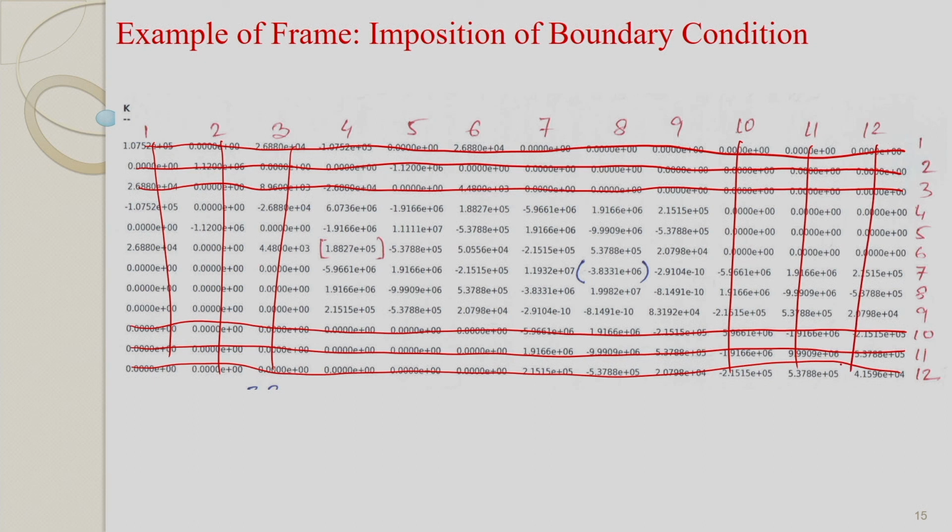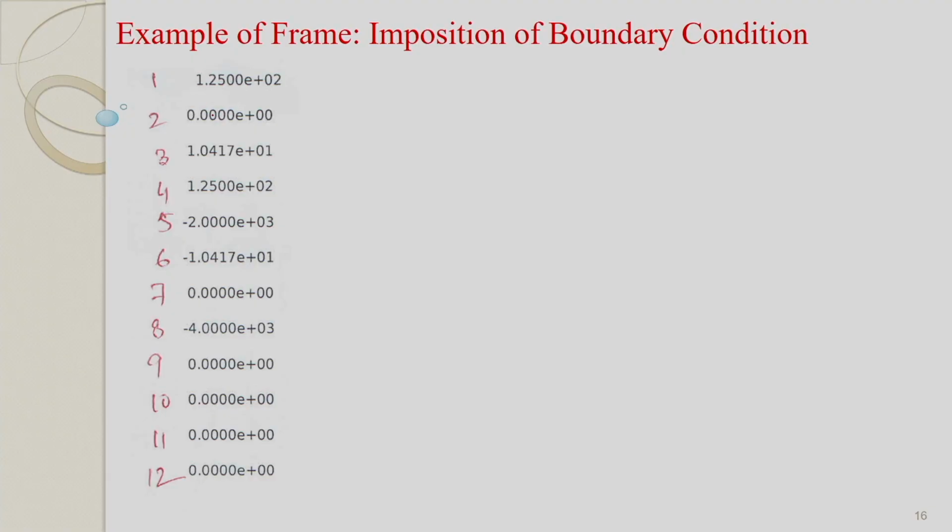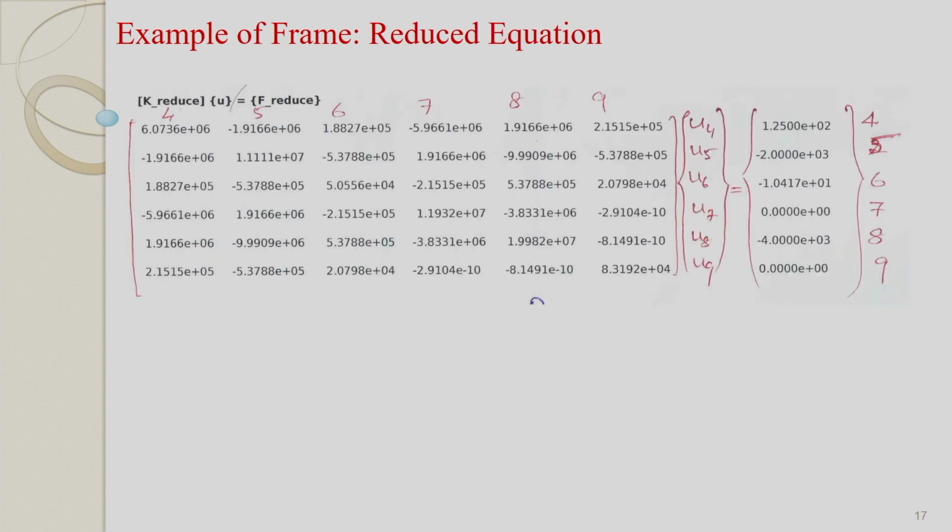Then we have the entry from 4th to 9th row and 4th to 9th column in the reduced stiffness matrix. Similarly, in load vector, only 4 to 9 will be active, and our boundary conditions are 0 boundary condition.